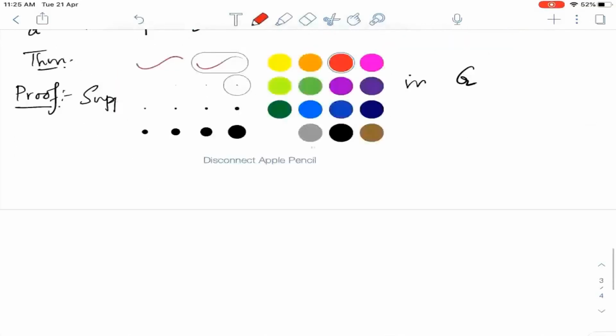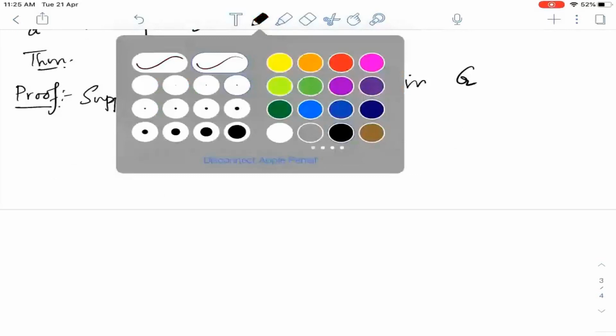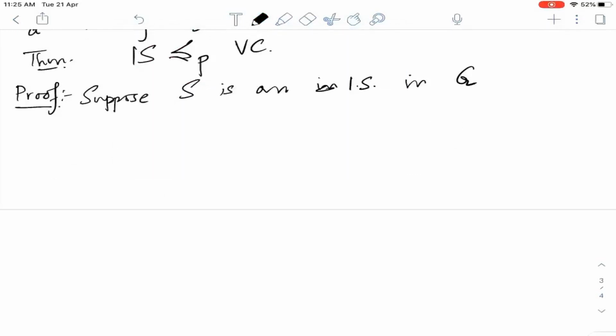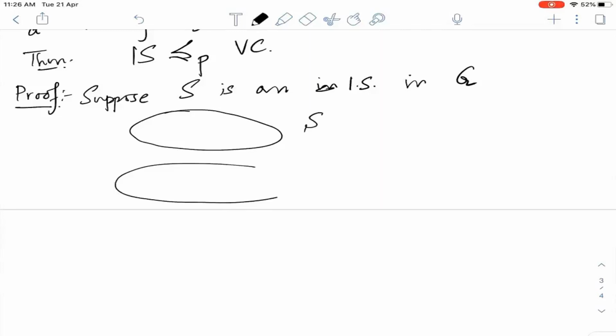The easiest way to see this is by visualizing the two sets separately. Suppose this is your set S, and suppose this is your set V minus S, the complement of S. You have a bunch of vertices here, and a bunch of other vertices here.